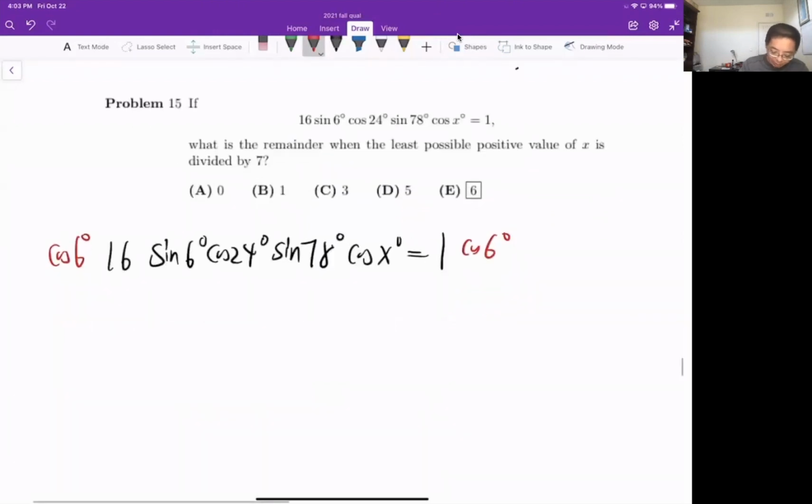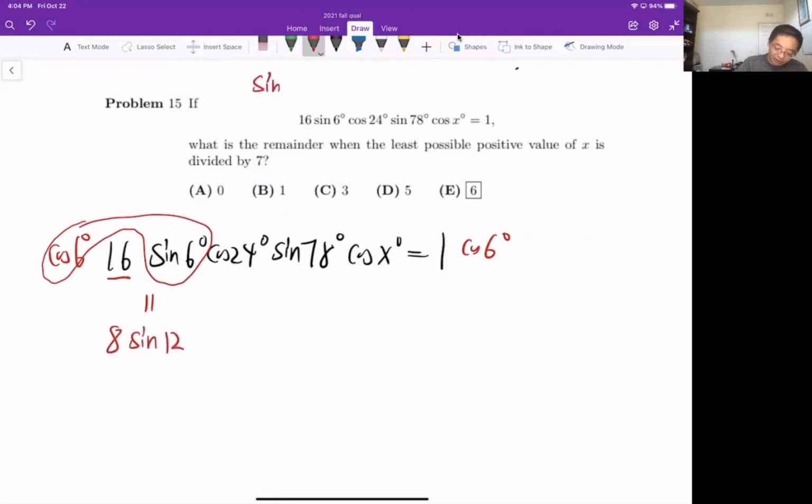Then we notice sine 6 and cosine 6, we use the double angle formula, and we can borrow a 2 from 16, so we get just sine 12. Let's recall the double angle: sine theta times cosine theta, this is sine 2 theta over 2. So we use the double angle formula, and then this times cosine 24.